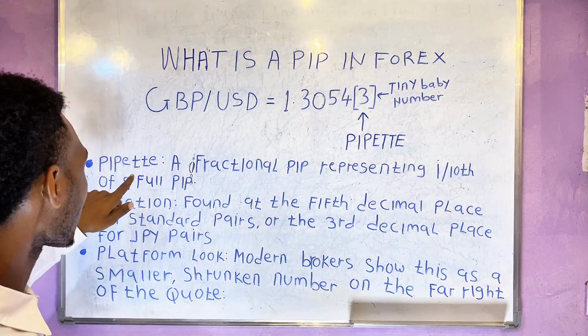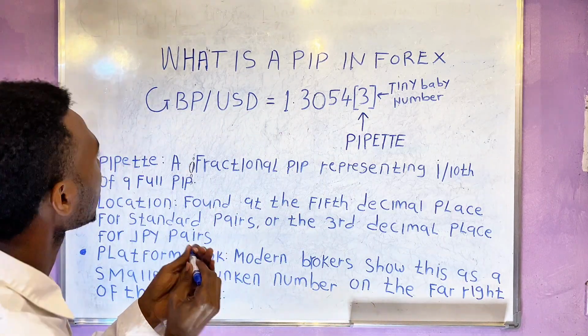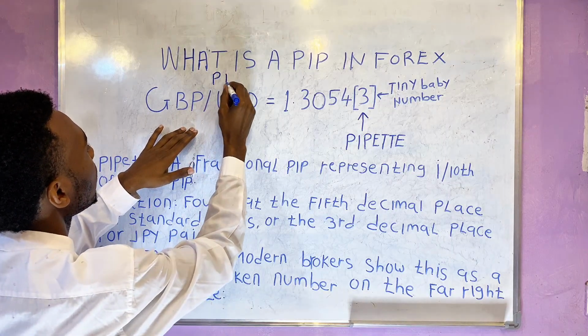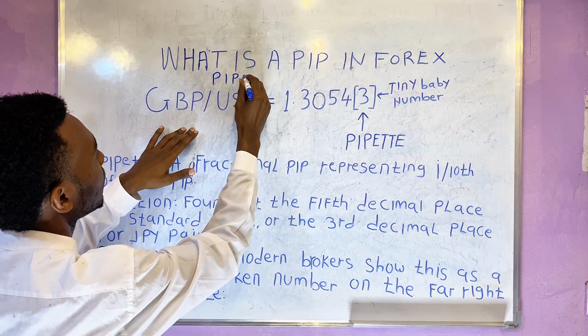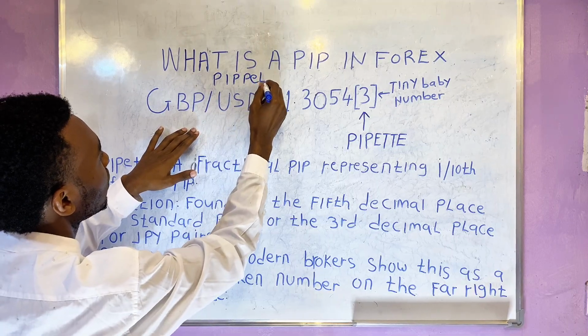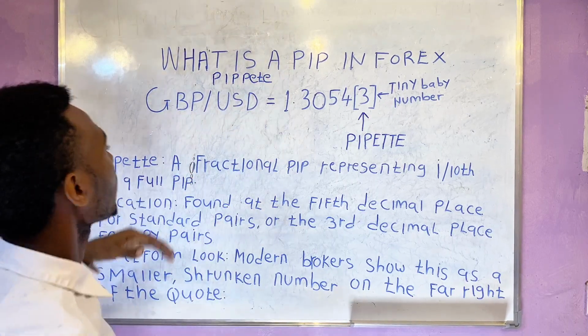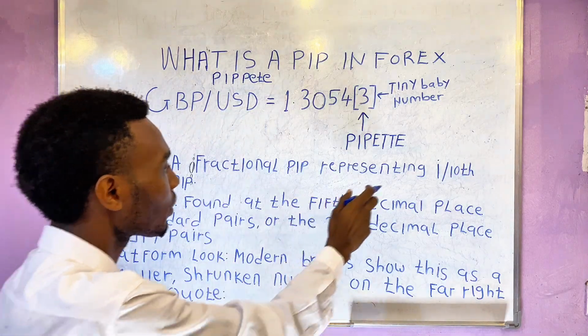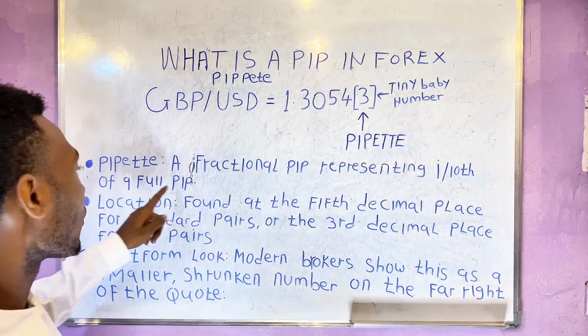A pipette is a fractional PIP representing 1/10 of a full PIP.